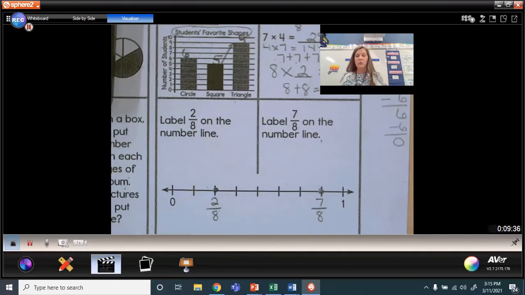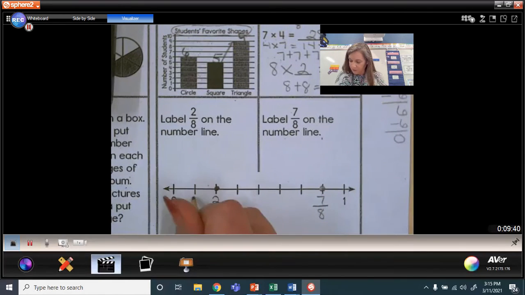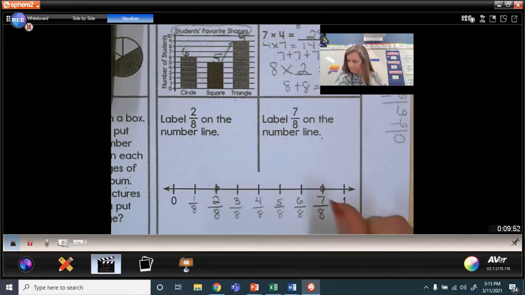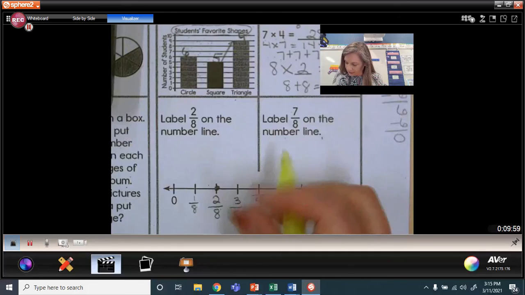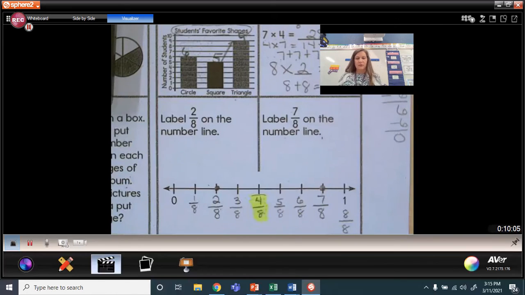Now, what I want you to think about is if I were to complete my labeling of this number line, what fraction, and I'm just going to highlight this, 4/8.